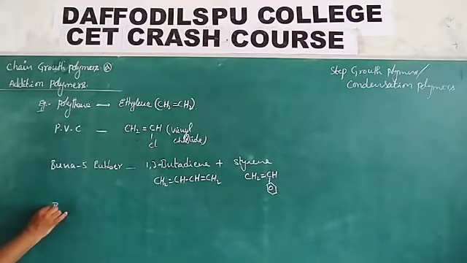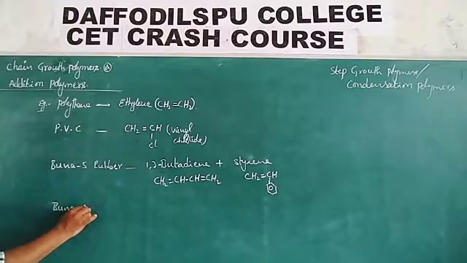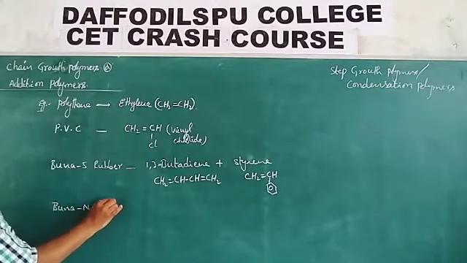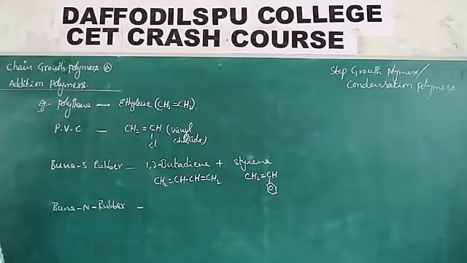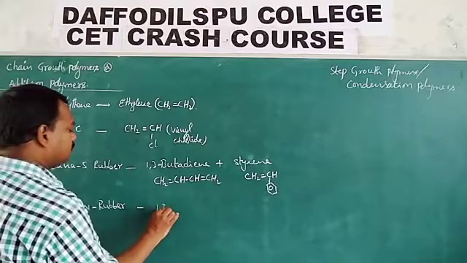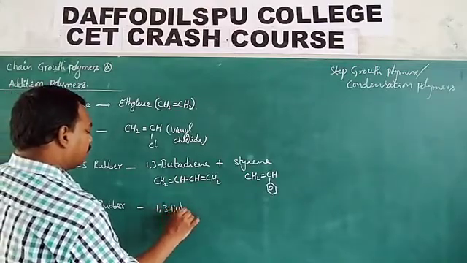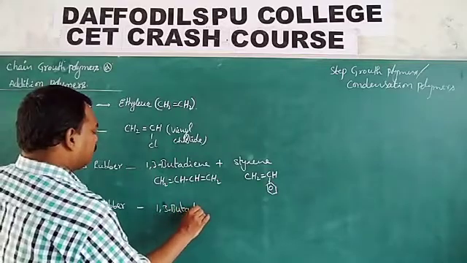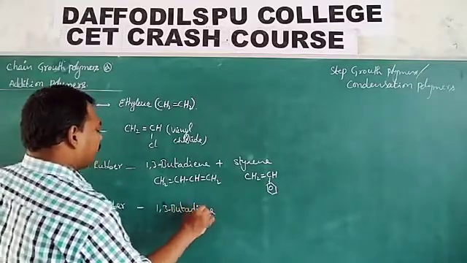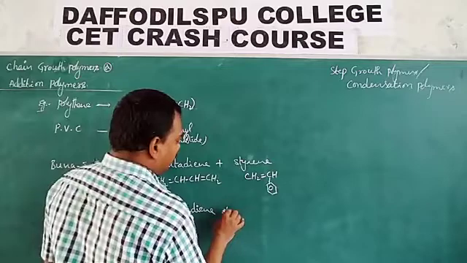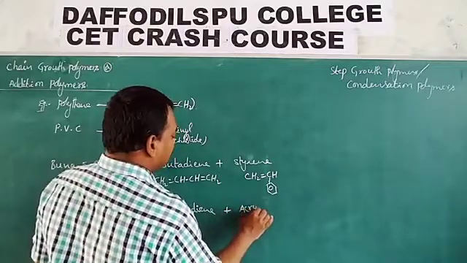Next, Buna-N rubber. This Buna-N rubber contains 1,3 butadiene and acrylonitrile.